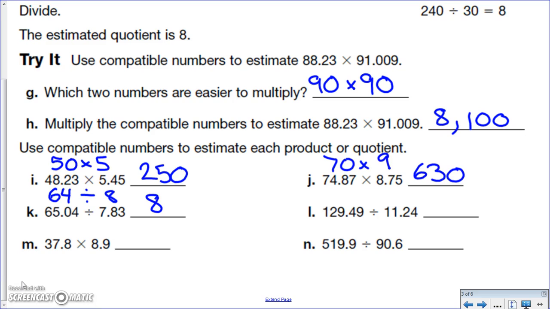For L, we have 129 and 49/100ths divided by 11 and 24/100ths. So we can do this a couple of ways. We can round to 11, or we can round down to 10. So I'm going to show you both ways here. If we round it to 11, we need to think about what number is close to 129 that 11 divides evenly into. 11 will go into 132 an even number of times, so we can round to that.